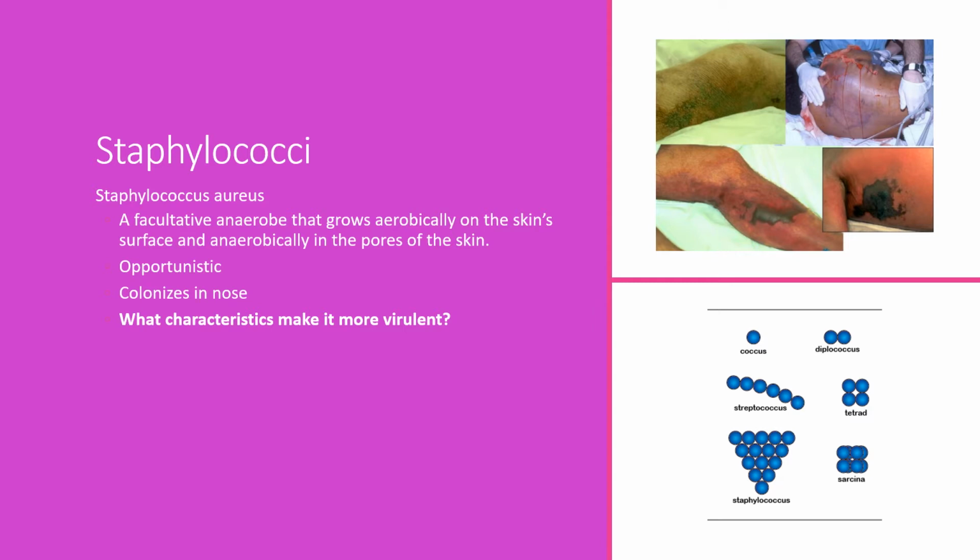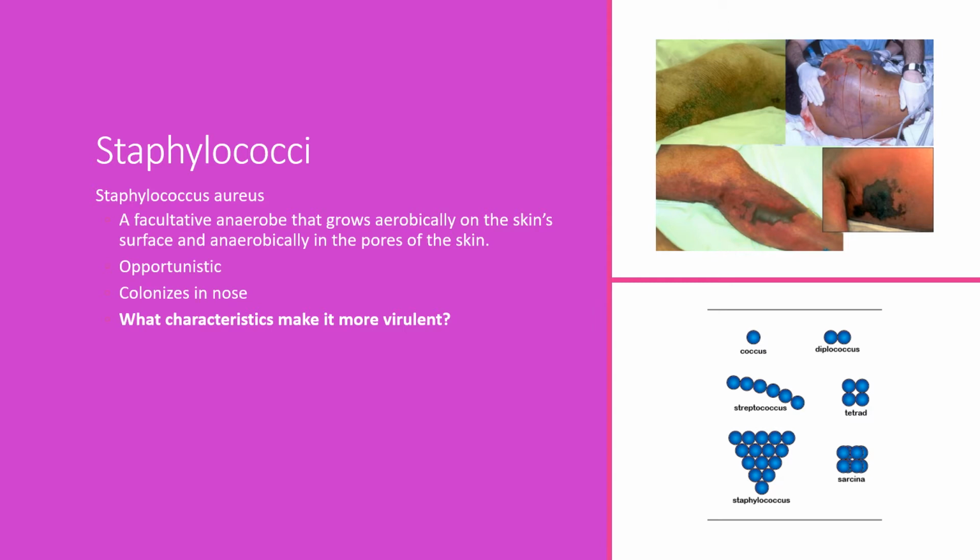They appear different colors when we put them on a blood agar plate, as they metabolize the blood agar. Staphylococcus aureus will appear yellow, and Staphylococcus epidermidis is going to appear white or without color.